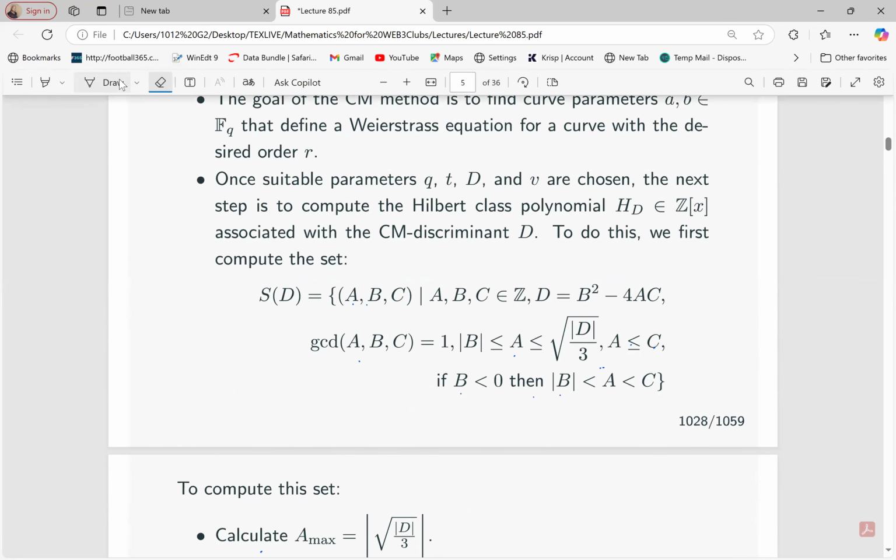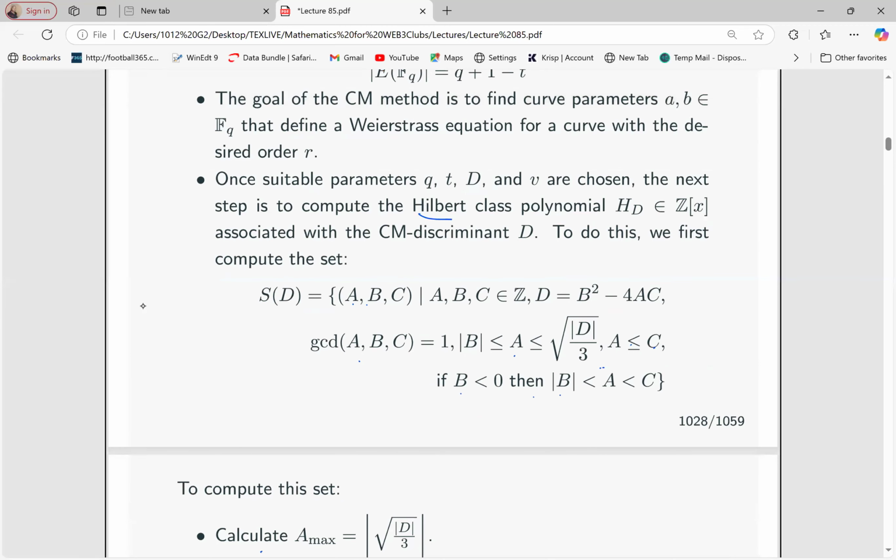We said, for us to calculate the Hilbert class polynomial, the first thing we do is choose integers A, B, C that meet these conditions: D should be equal to that, the GCD of these three integers should be 1, the magnitude of B should be less than A, which should be less than this, and A should be less than or equal to that.